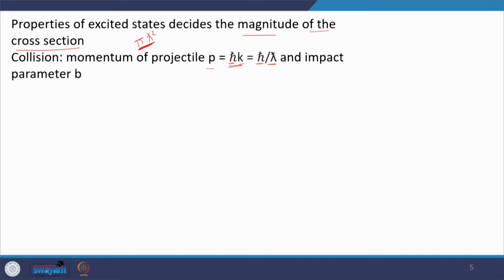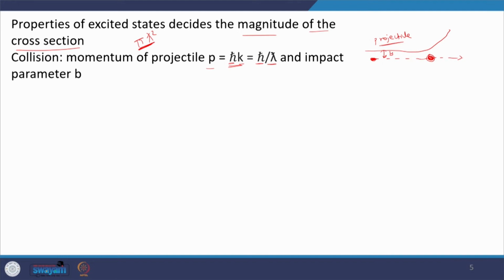So, how can we envisage this? This is the axis of the target nucleus, okay, along some direction. Now, a projectile is coming, and it is going like this, fine, and assume some distance between the original direction of the target nucleus and the projectile. The separation is nothing but the impact parameter.